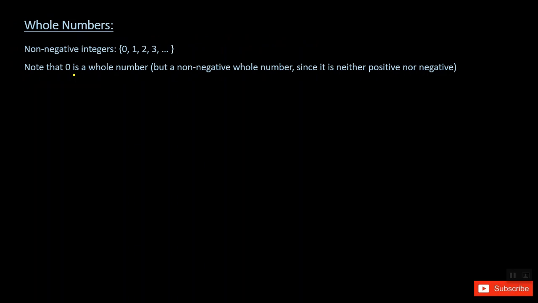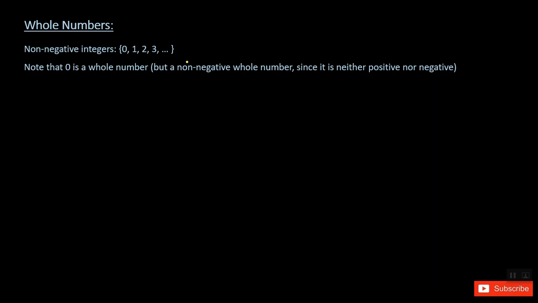When I'm saying non-negative, 0 is also included, because 0 is neither negative nor positive, isn't it? So that's why we say 0, 1, 2, 3, 4, 5, 6 till positive infinity. All the numbers represented are called whole numbers.